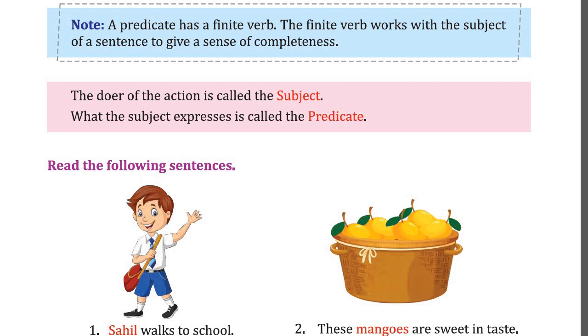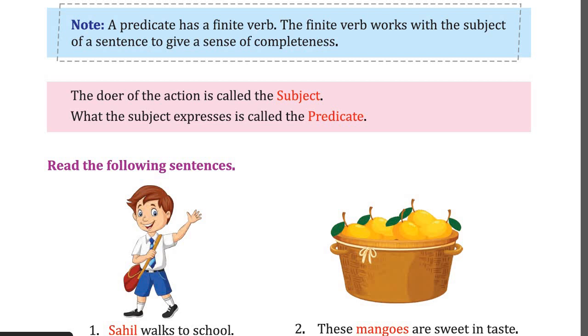The doer of the action is the subject. A predicate has a finite verb. The finite verb works with the subject of a sentence to give a sense of completeness. What is a finite verb? Finite verbs are essential for forming complete sentences that express clear meaning. Example, take the word jumps.